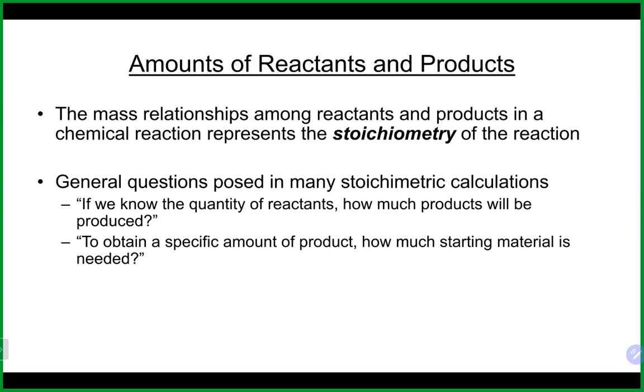The reason is that in most stoichiometry problems, they will give you some information about one substance in the equation, but you're actually interested in another substance. So you need a way to go from one substance to the next. And that's really where the stoichiometry comes into play.